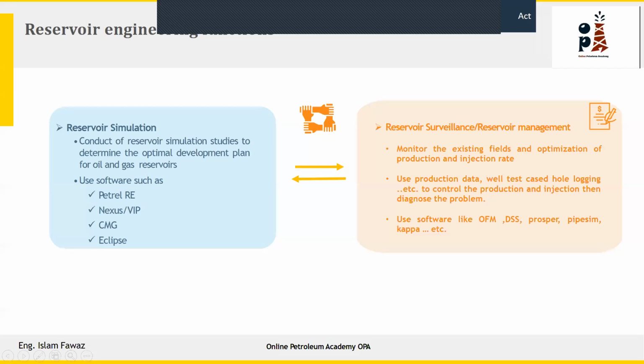Before I start, I would like to mention the reservoir engineering function. Reservoir engineering is mainly specialized in two areas: reservoir simulation and reservoir surveillance, both serving reservoir management.